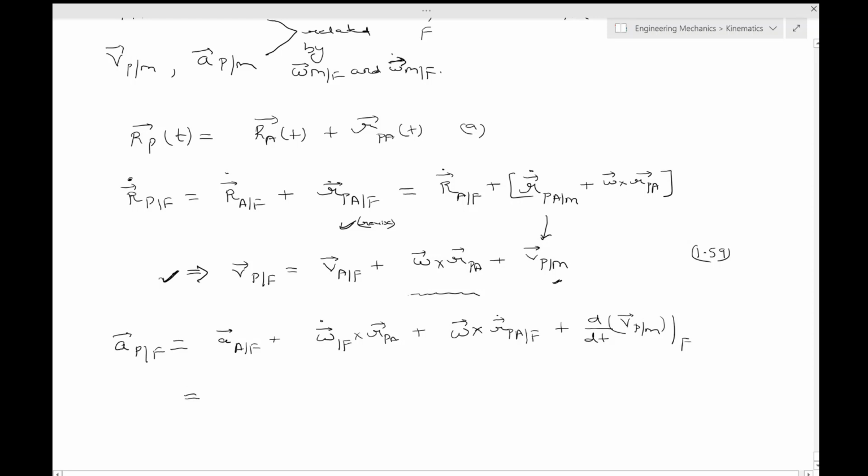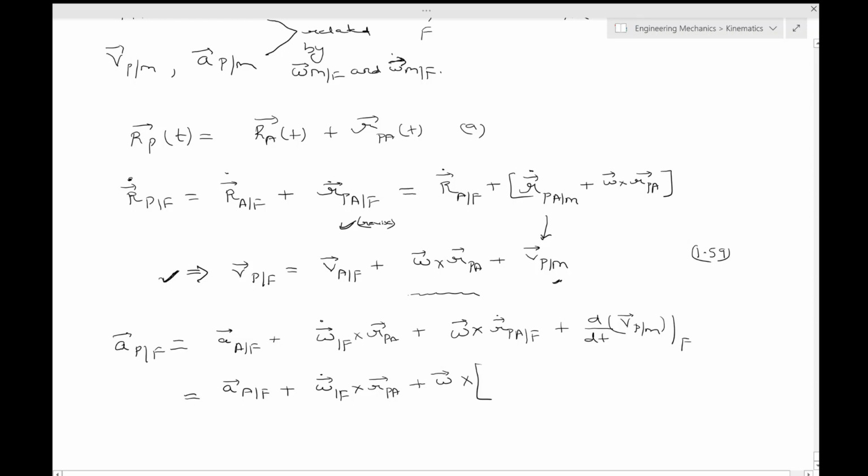Now this term can be written as plus that same term, omega dot with respect to f cross r_pa, then omega cross.